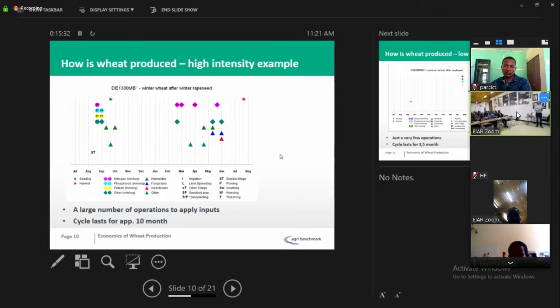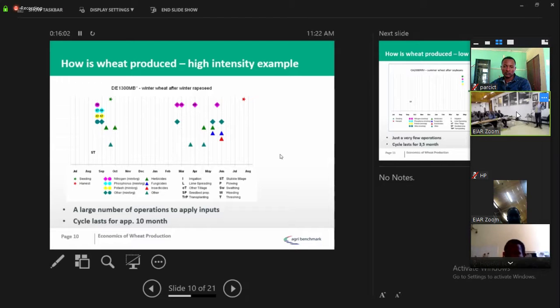And then we have the number of crop care applications, such as herbicide. These are, we can read it, green dots are herbicides. And then we have insecticides here, and we have a number of fungicides here to protect the plant against fungus infections.